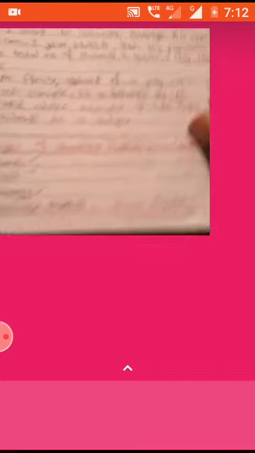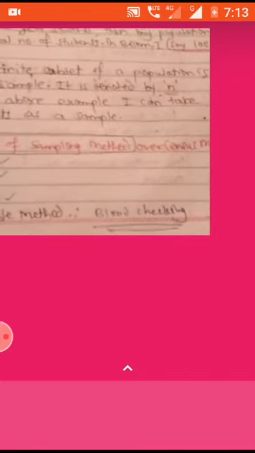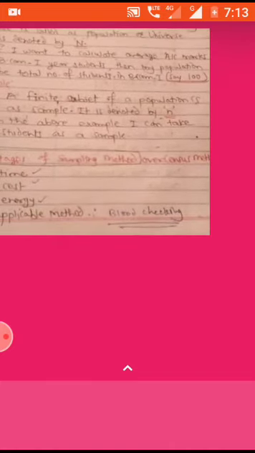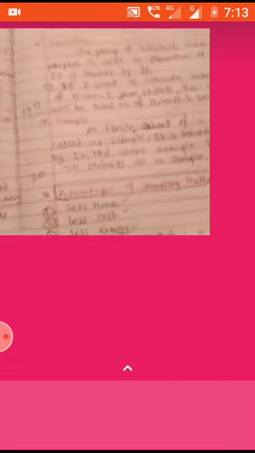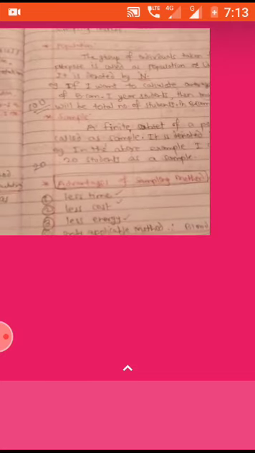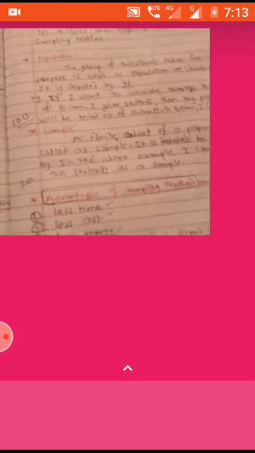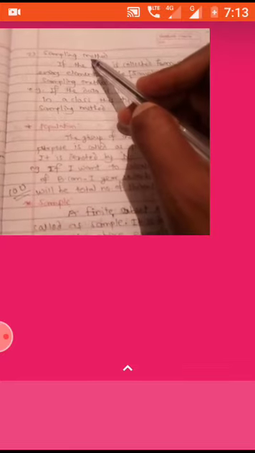Suppose a doctor wants to check the blood of a patient. In this situation he cannot use the census method, but must use only the sampling method. There are some situations where we cannot use the census method and must use only the sampling method. Understand?